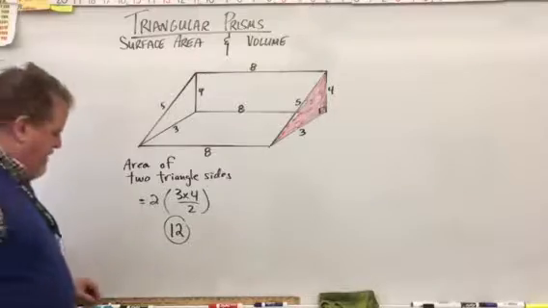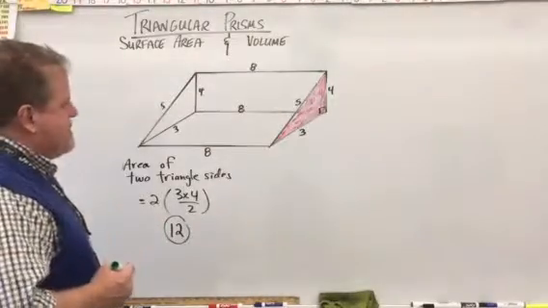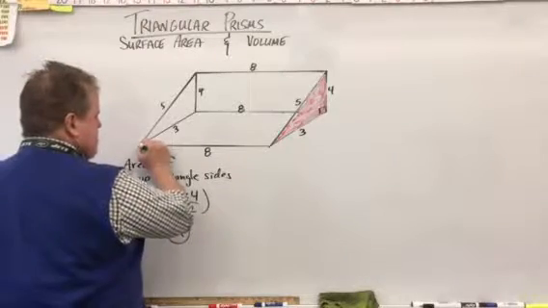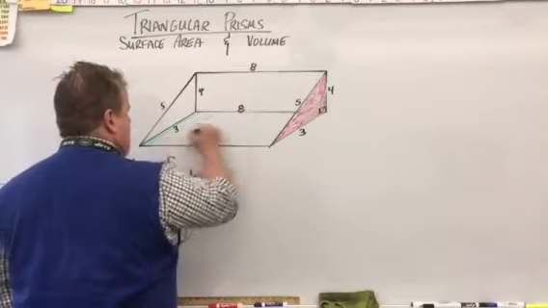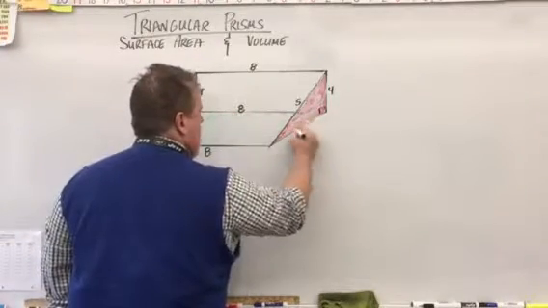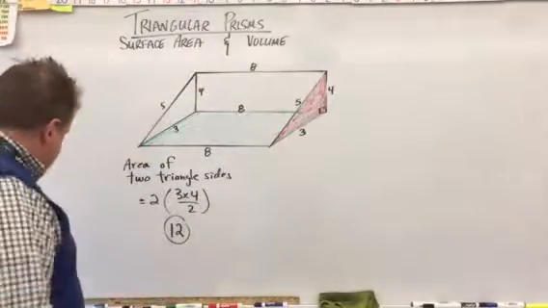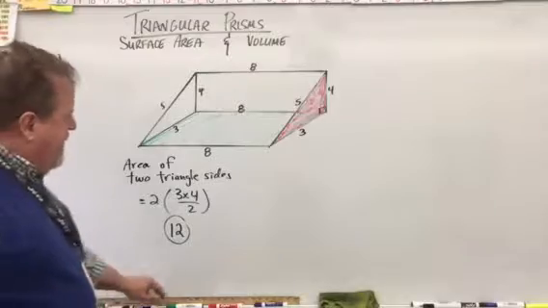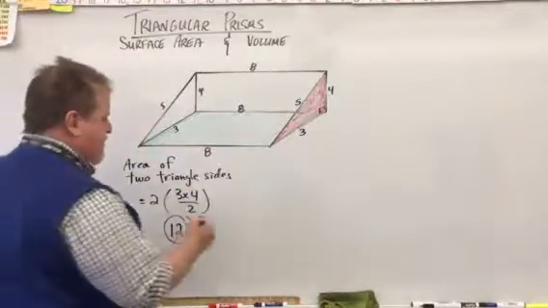Then we have the three rectangles. And I'm going to try to shade them for you so that you can see them. So let's start with this one on the bottom. Okay, so I'm hoping you can see that that rectangle, and sometimes it does help to shade them differently, has measurements of 8 by 3.